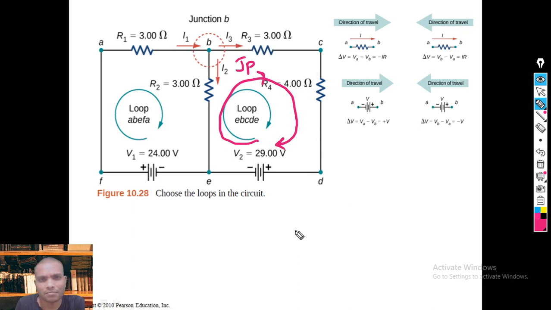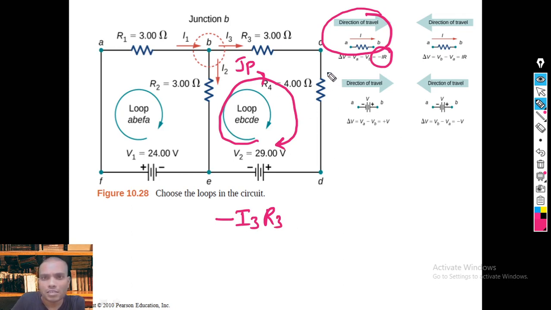If my direction of travel and the direction of current are the same, we represent that as negative IR. So I can write minus I3 R3, the current in R3 being I3 and the resistance being R3 itself.